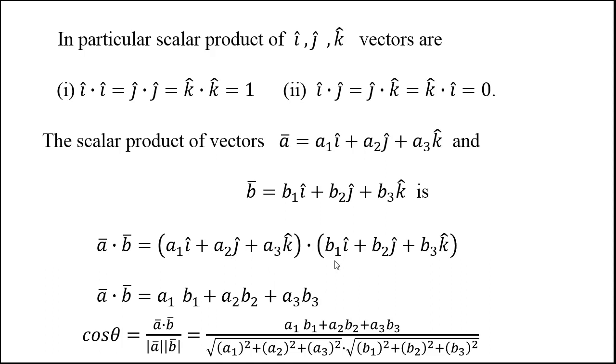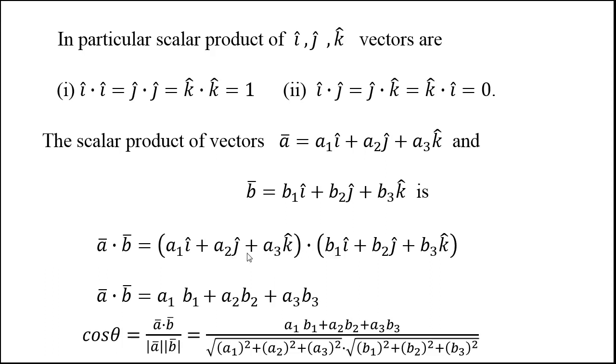So when we multiply these three vectors by a1i, of these three only one remains non-zero. The other two become 0.